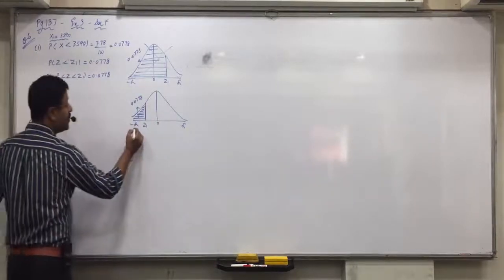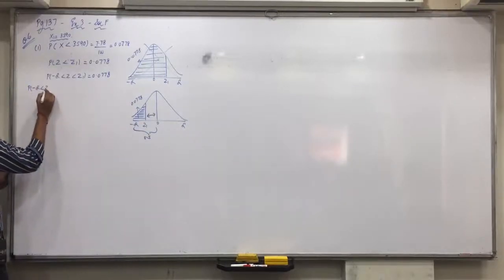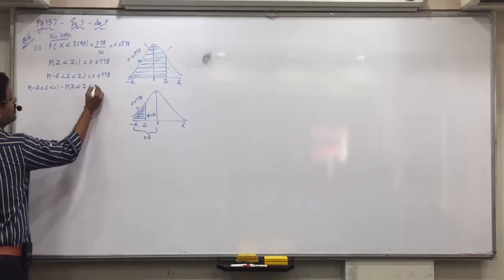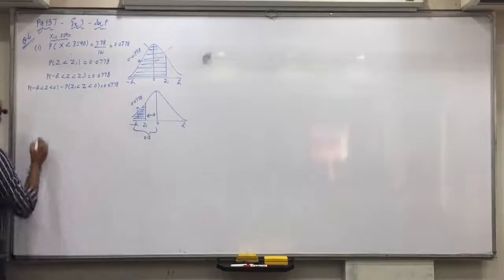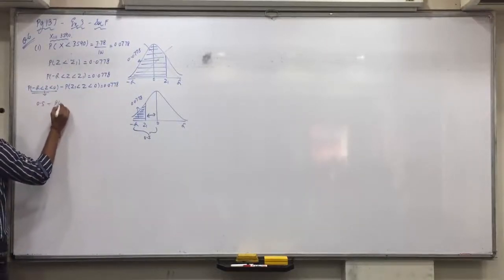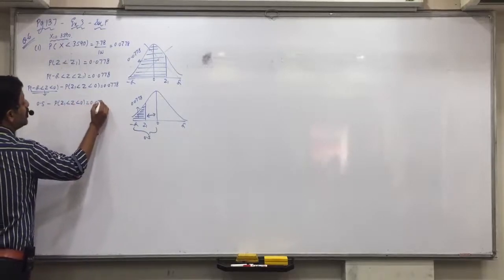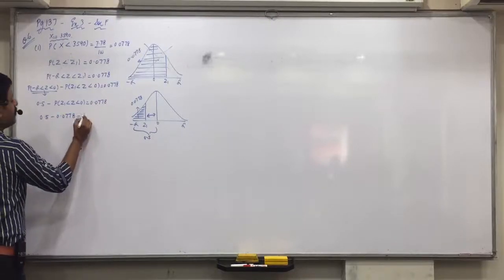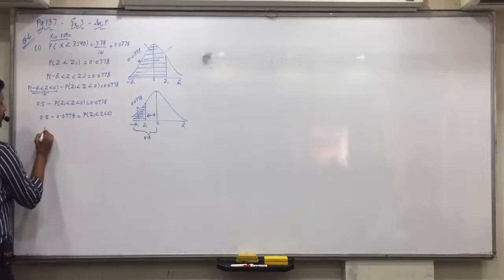So this will be the difference of these two areas. That is P minus infinity less than z less than 0 minus P z1 less than z less than 0 is 0.0778. This area is 0.5 minus P z1 less than z less than 0 is 0.0778. 0.0778 on the left side will become minus, P on the right side will become plus.